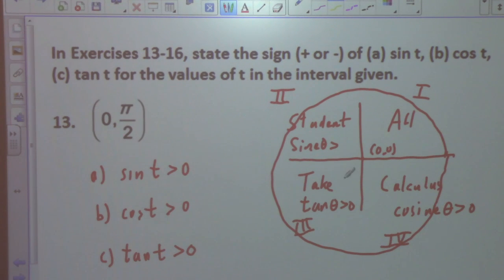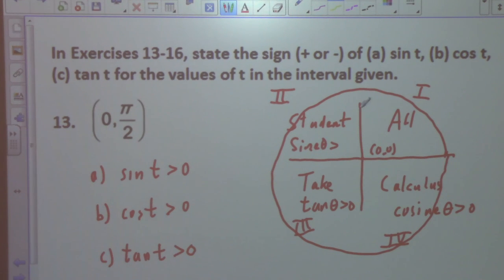Then 5 pi over 3, 7 pi over 4, and 11 pi over 6. And so these are all represented here in these intervals.